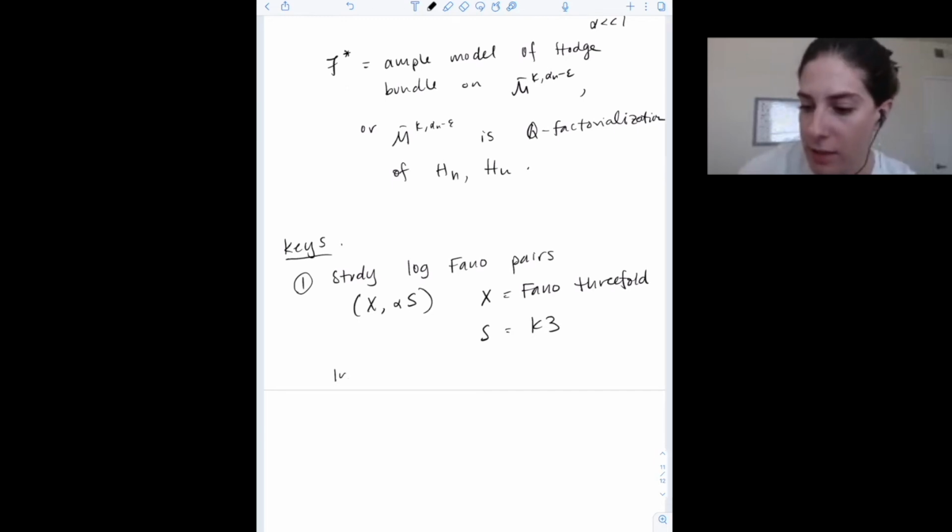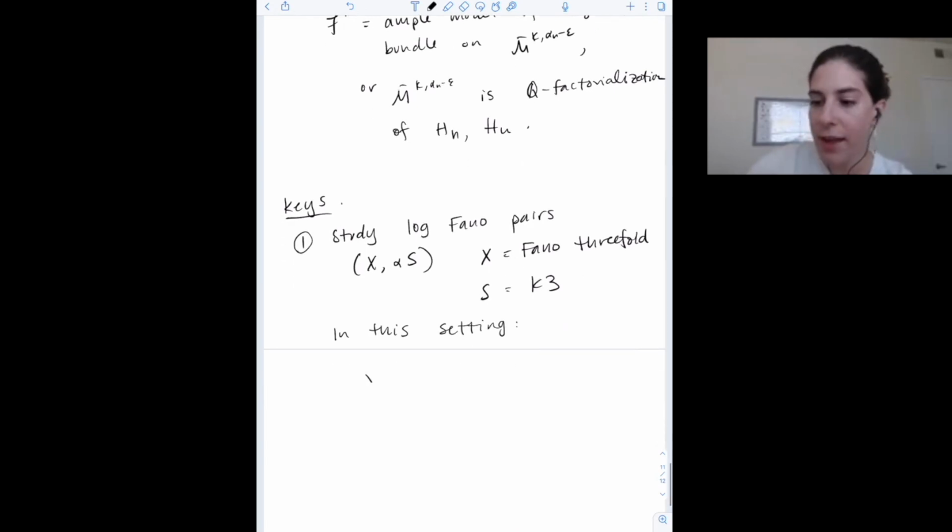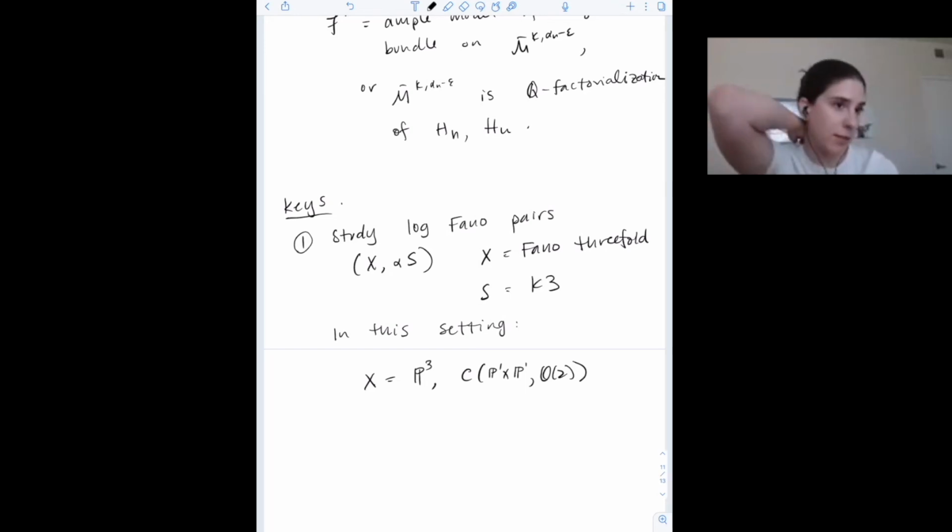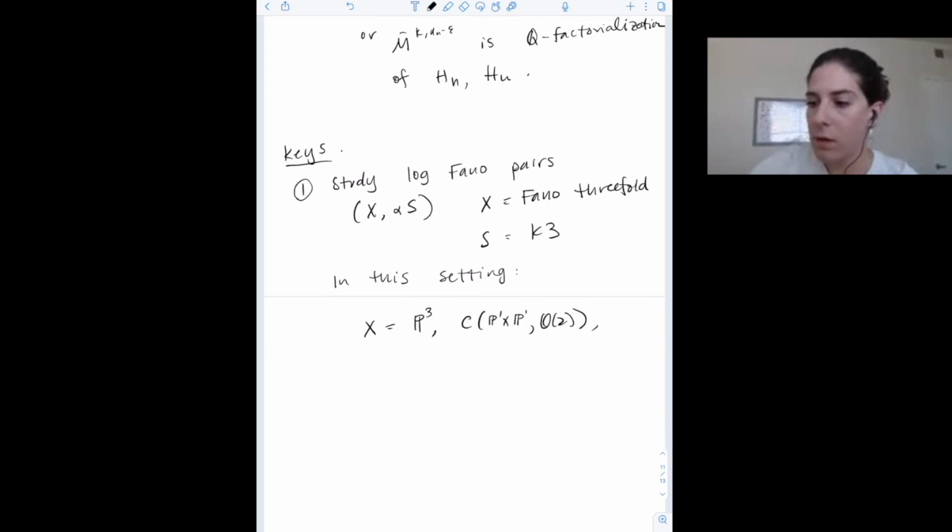And it turns out in this setting, one can show there's not very many choices for X. X is either P3, the generic quartic surface is embeddable in P3, or it's the cone over the quadric surface with respect to the degree 2 embedding, or it's the cone over the singular quadric surface with respect to the degree 2 embedding, where by O2, I mean O2 on P3 restricted to these surfaces.